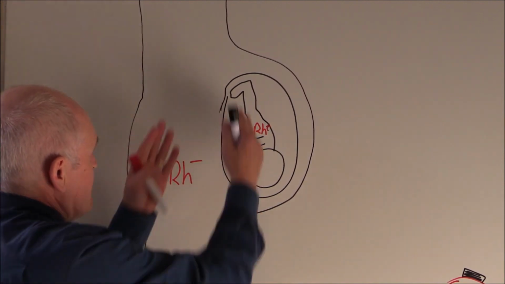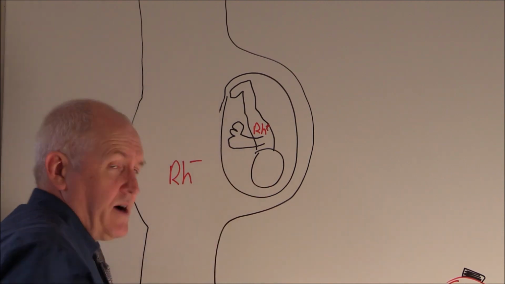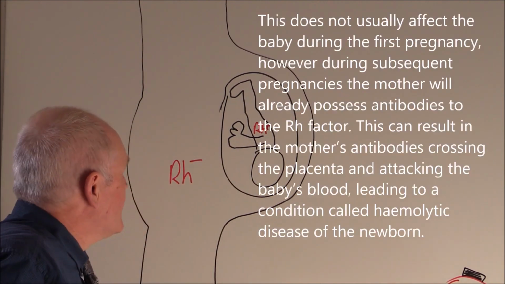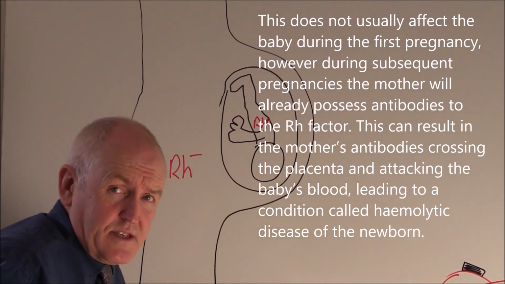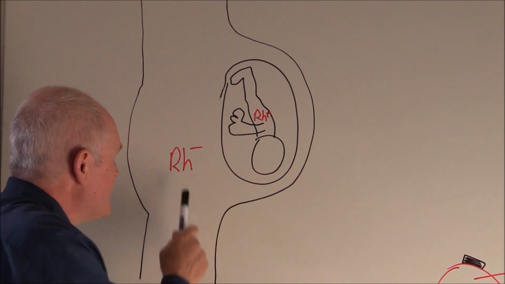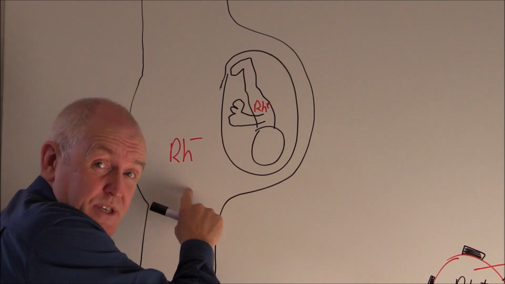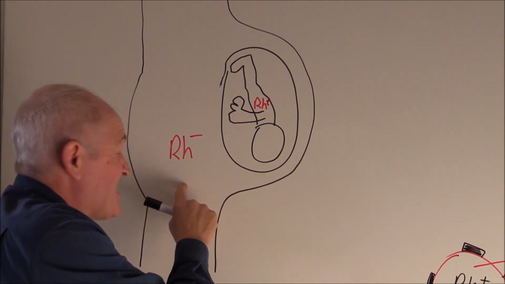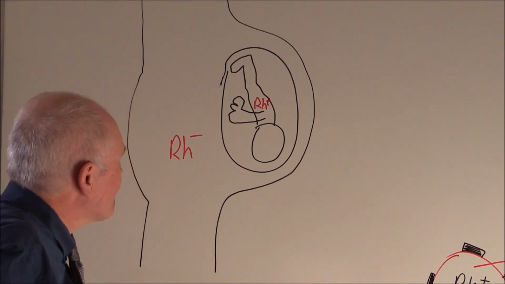But during delivery, it's guaranteed that some of the fetal blood via the torn placenta is going to get into the mother. So in a first pregnancy with a rhesus negative mother, the mother will not have any rhesus factor antibodies as long as she hasn't been exposed to rhesus positive blood any time in the past.